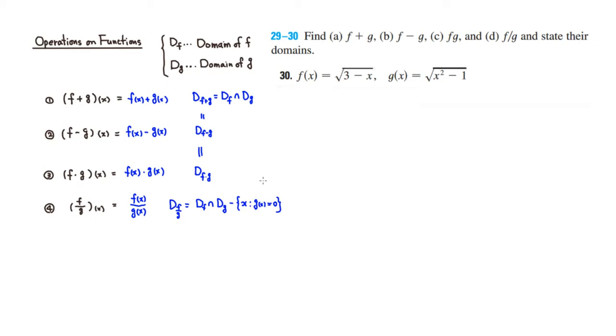So let's look at the following example, problem number 30. Let's find, first, the domain of f. Remember that we have to make sure that the expression inside the square root is non-negative. So I'm going to add x, and you have 3 is greater than or equal to x.